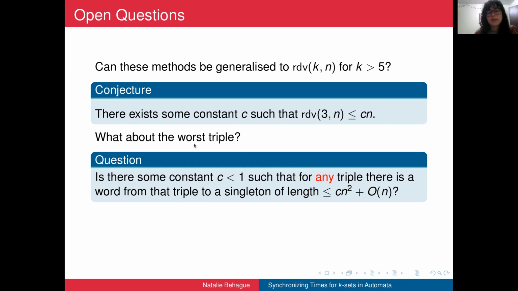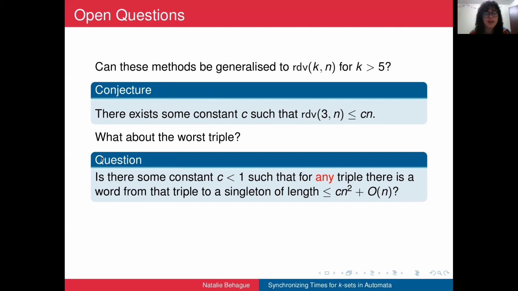What is the worst case scenario of how long is the shortest word from the worst triple to a singleton? So worst means it has the longest shortest word. So it just basically means if you pick any triple, you're finding a bound on its shortest word sending that triple to a singleton.